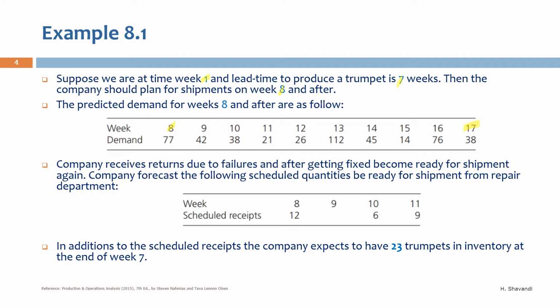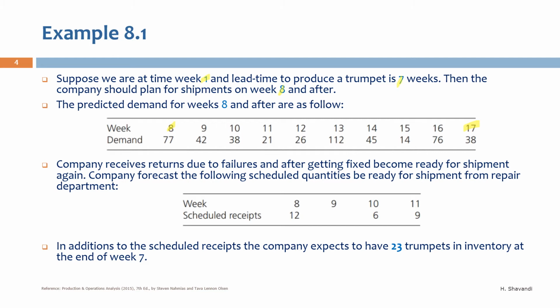And if we consider the inventory on hand and the scheduled receipts or scheduled arrivals to our inventory, we can convert the forecasted demands into the net requirement that we need to have in those weeks in order to satisfy the forecasted demand.